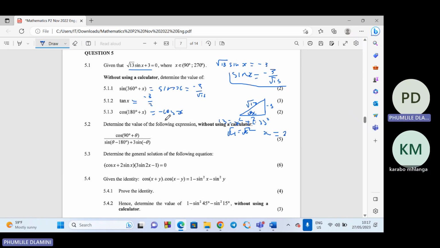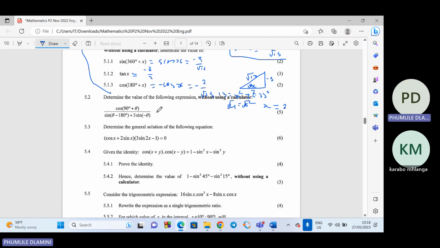Then negative cos x is the same as negative, what is cos x in this triangle that we just drew? It's going to be adjacent 2 over square root of 13. You are done. You see, it's very simple to answer them when you understand the rules. According to the lesson that we did, you just scored. You already know that in trigonometry, you already have 7 marks.